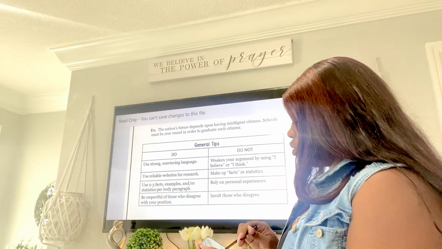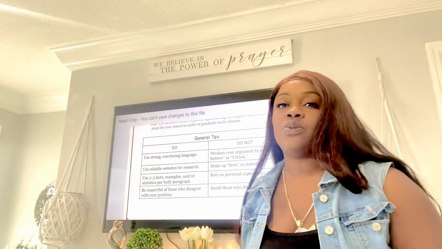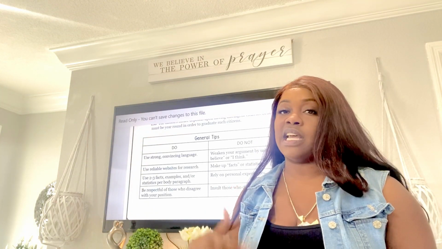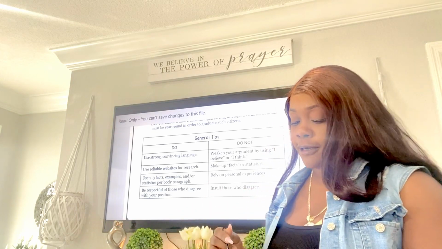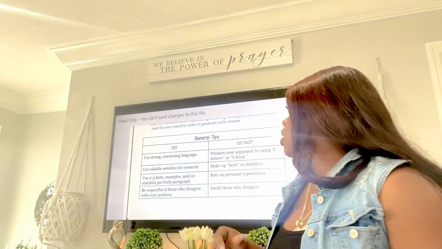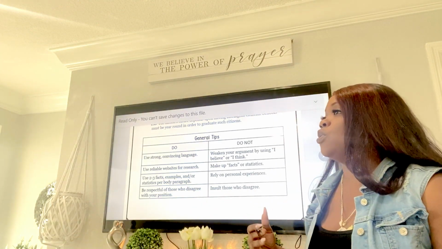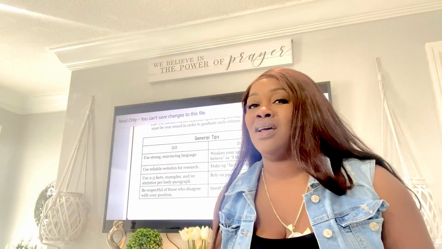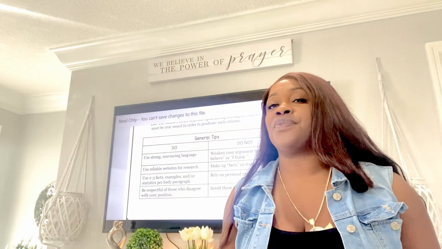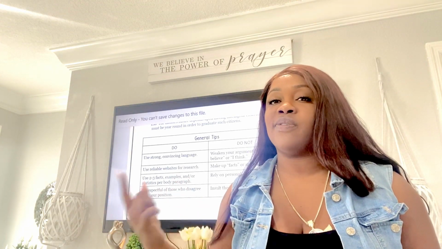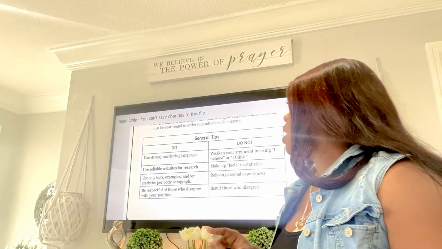Some general tips: use strong, convincing language. Guys, we're in 8th grade, so your vocabulary, I'm expecting you to take it a step up and level up. It makes your argument that much stronger. Use reliable research websites. Try to omit Wikipedia unless they have citation sources that are credible and peer-reviewed. We're not using Wikipedia.